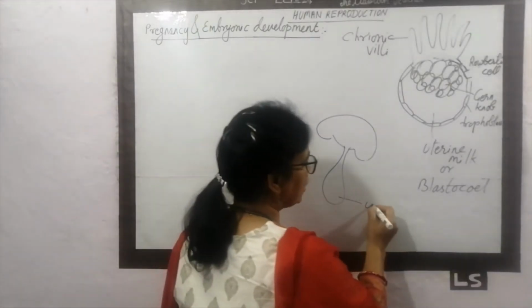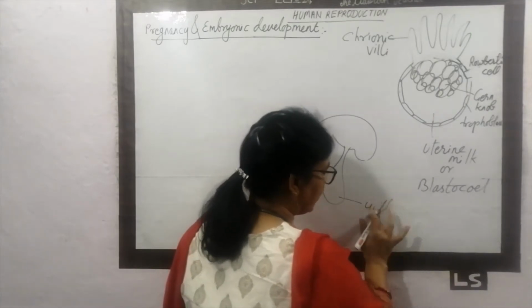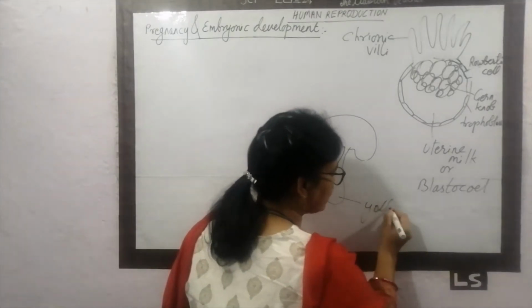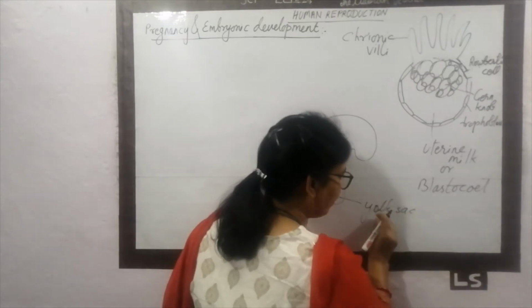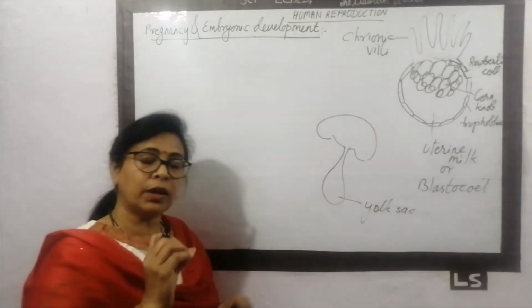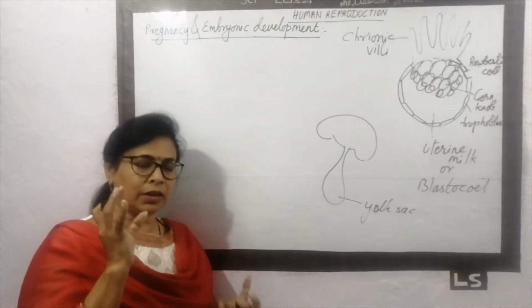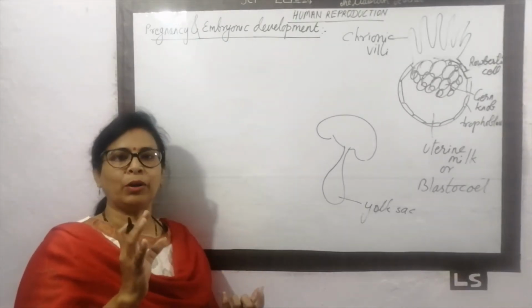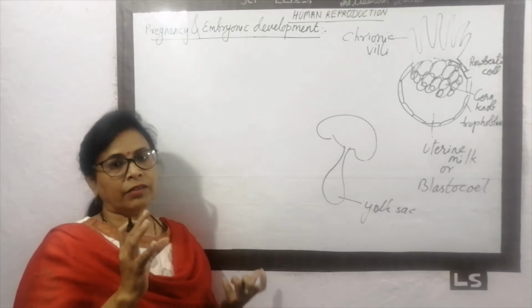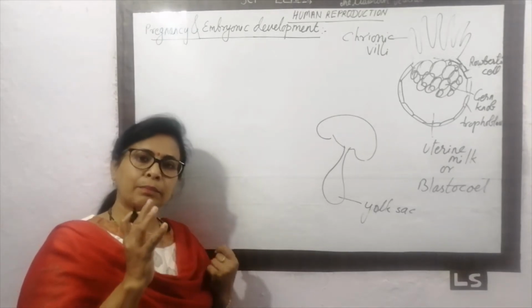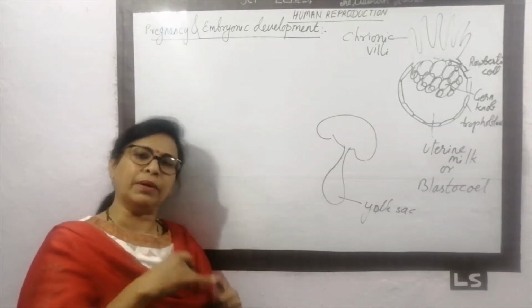This is the yolk sac in the human embryo, but the amount of yolk is very less. Why is the amount of yolk less in the human embryo? Because for nutrition, the human embryo depends upon the mother's body. The development of the fetus continues inside the mother's womb.